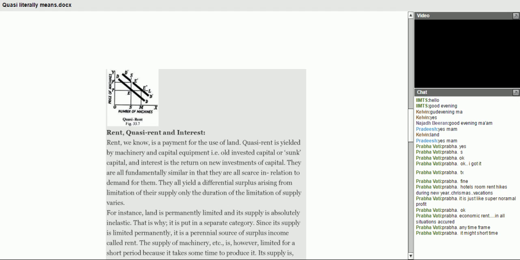Okay. What else? It is a short term phenomenon. It is temporary. Yes, it is a precise rent. Those are just the main characteristics.